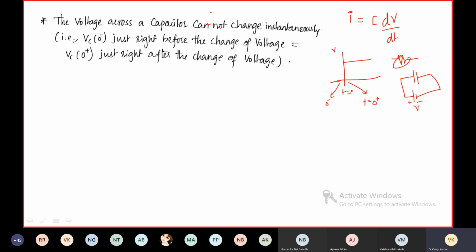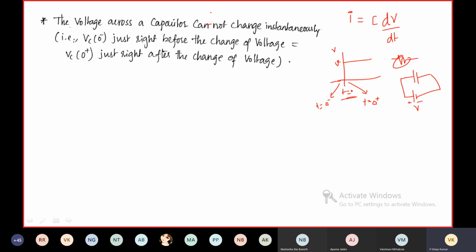At this instant, voltage jumps from 0 to V, if the magnitude of this is V. Right? Now, let me make one statement here.